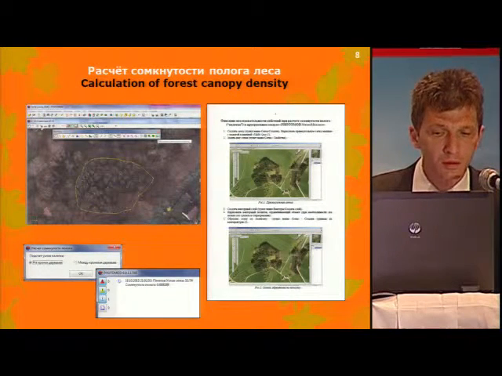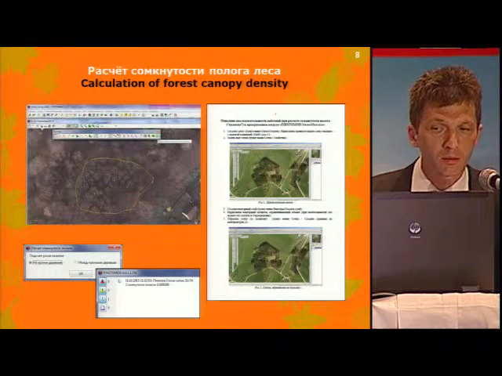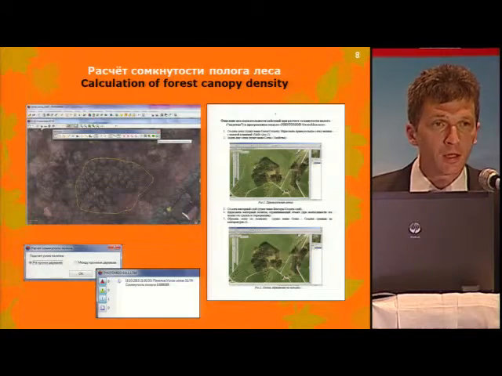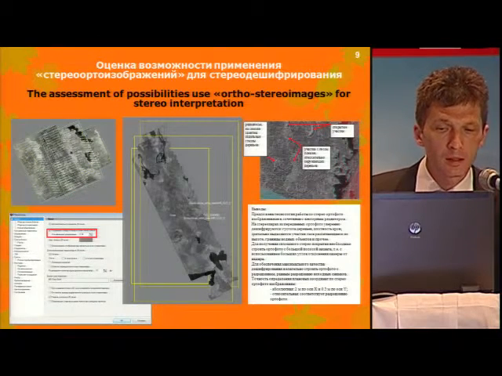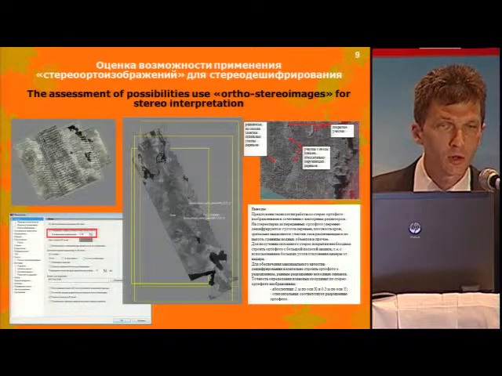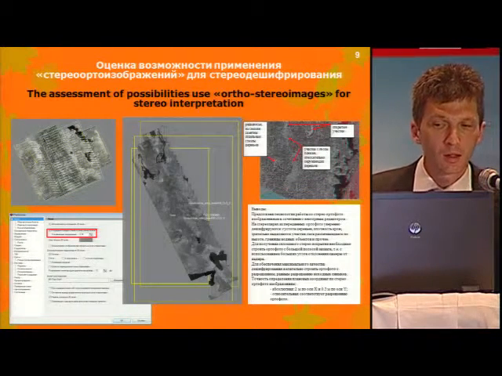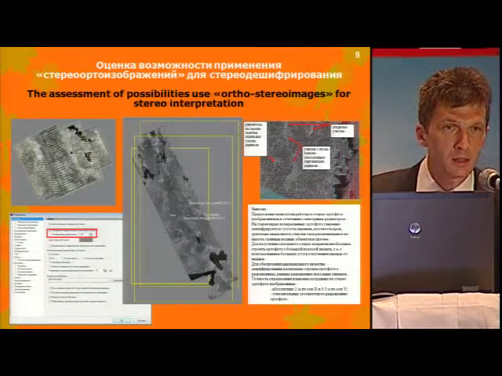Here you can see an example of the function of PHOTOMOD StereoMeasure, which helps us see the consistency of the canopy of trees, which shows the actual volume and capacity of forests. Here you can see some of the examples of our work with large stereos, so stereo ortho images, based on the materials of Vision Map A3.